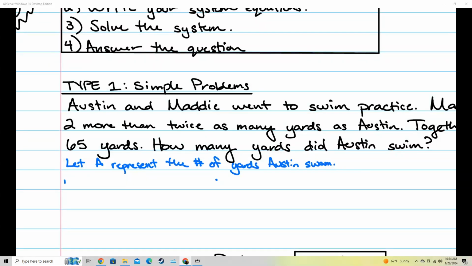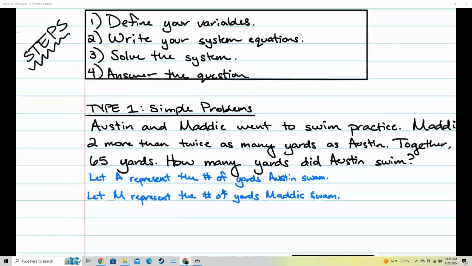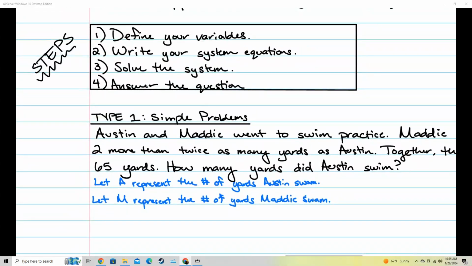Let M represent the number of yards Maddie swam. So step number one is done. We were able to define our variables. I'm using the letter A and the letter M.